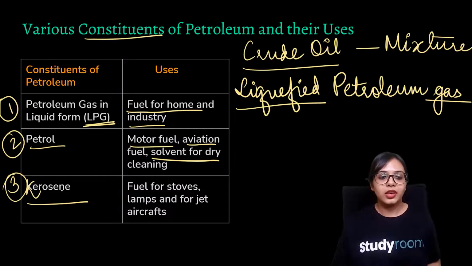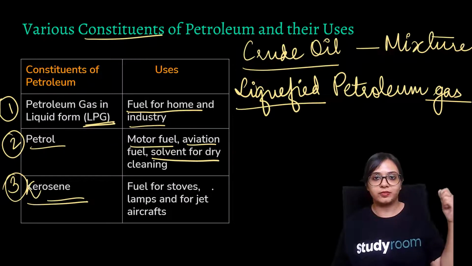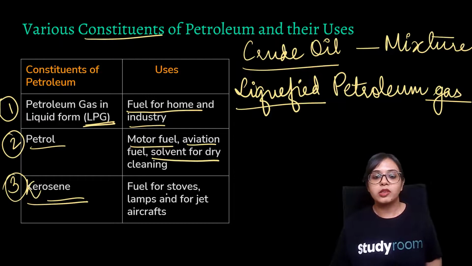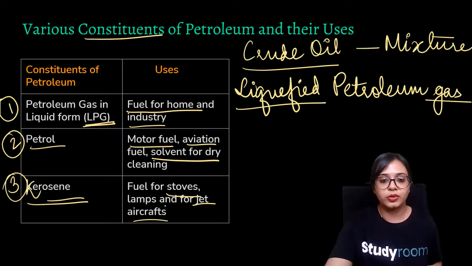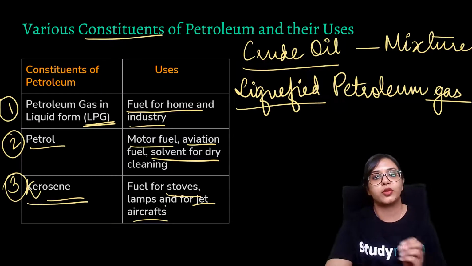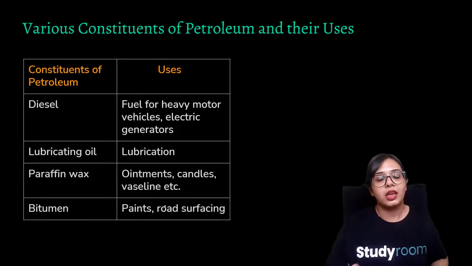So kerosene is used as a fuel for lamps, for stoves, and also for some jet aircraft.